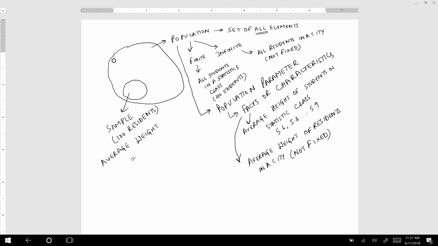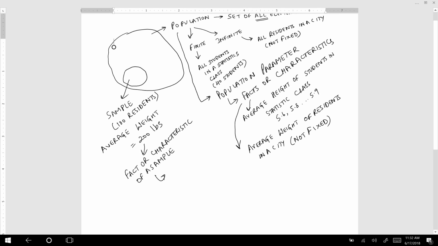Suppose the average weight is 200 pounds. So this is the fact or characteristic of a sample.